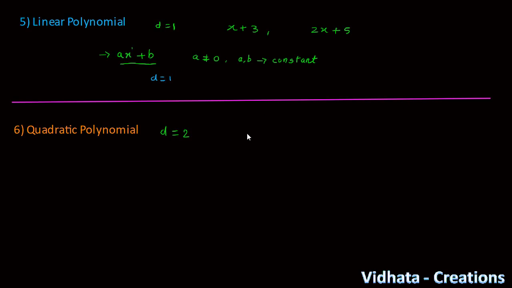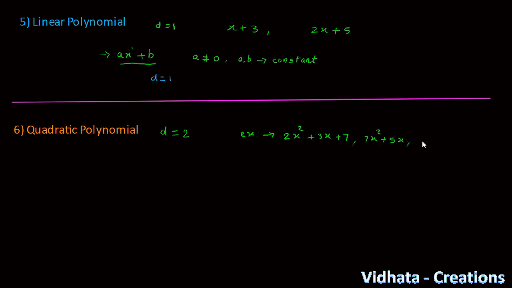Suppose I have a quadratic polynomial as say 2x square plus 3x plus 7. It is a quadratic polynomial. One more example we will take: 7x square plus 5x is also a quadratic polynomial.